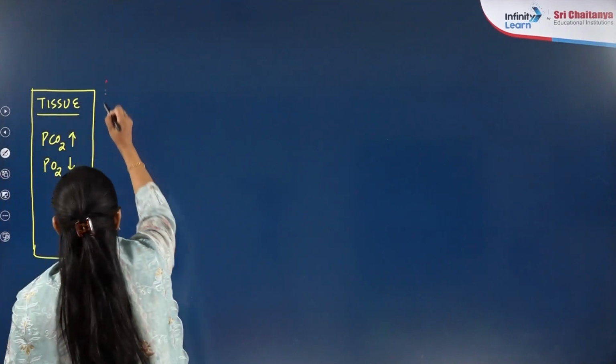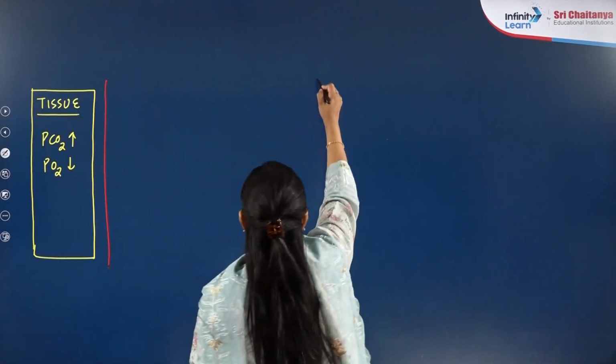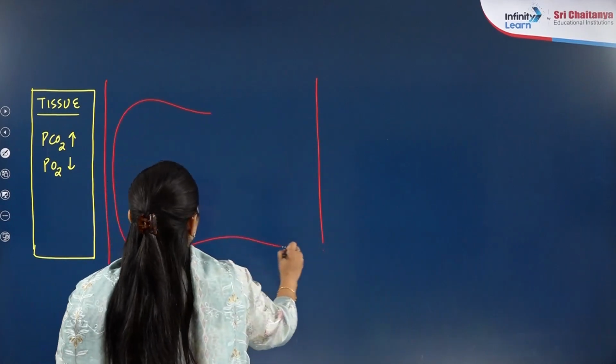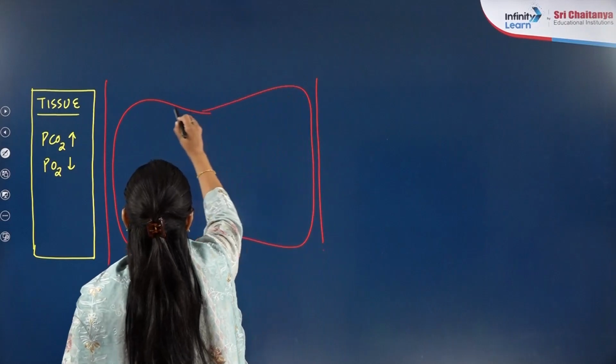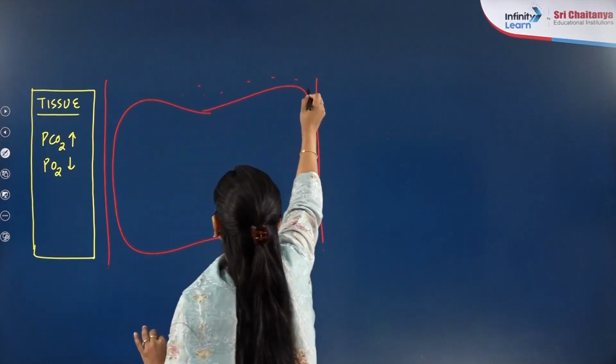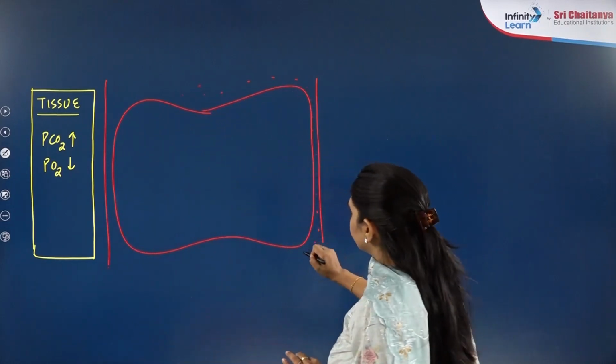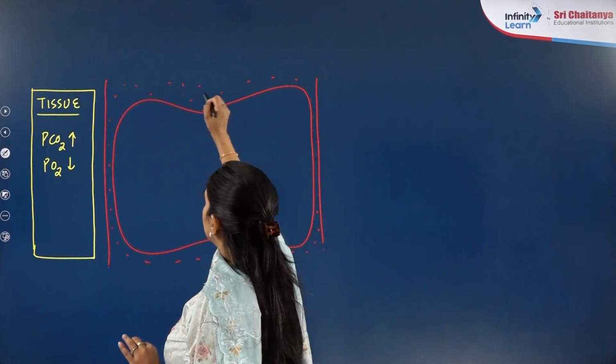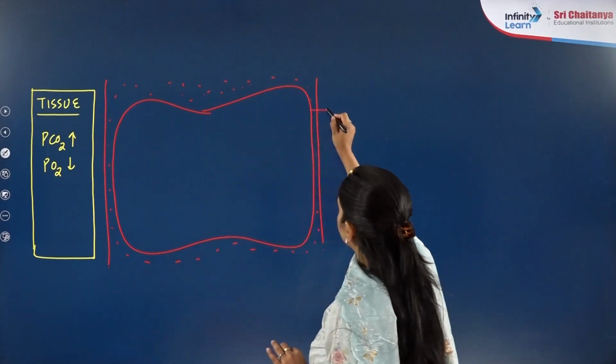Near the tissues, there will be a blood capillary. Let us suppose this is the blood capillary. In the blood capillary, who will help us in the transport of CO2 and oxygen? Plasma. So this is the plasma in the blood capillary, and this cell is RBC.